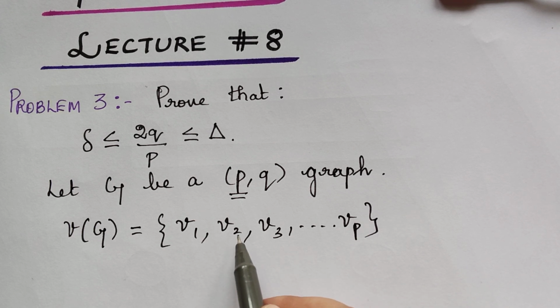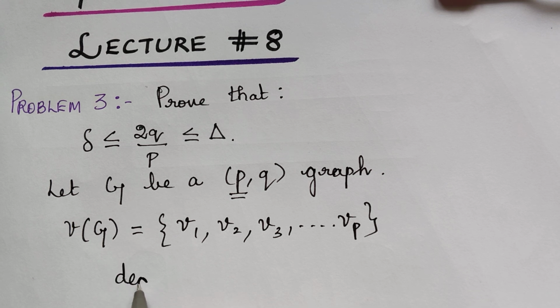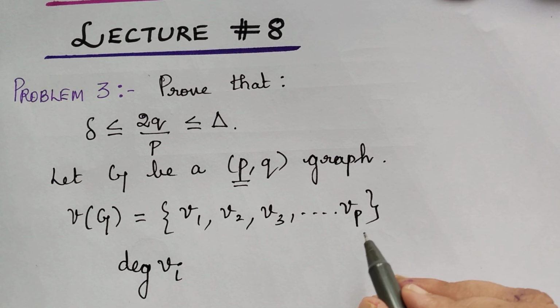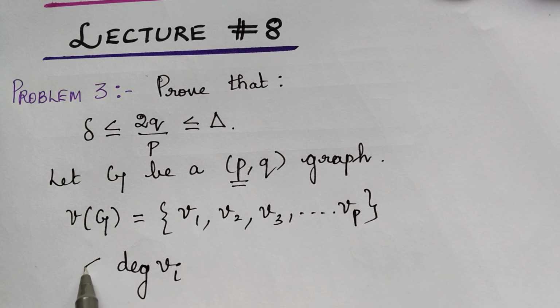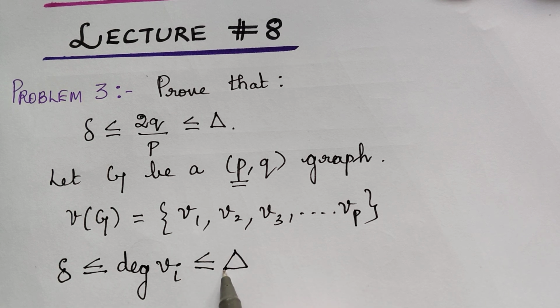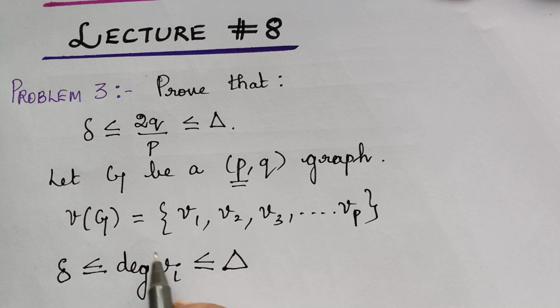Now if we take any one vertex from this, and if we write the degree of that vertex, so the degree of any vertex Vi, definitely it will be greater than or equal to the minimum degree delta, and it will be lesser than or equal to the maximum degree capital delta, because it should either lie between these two or it should be small delta or capital delta.